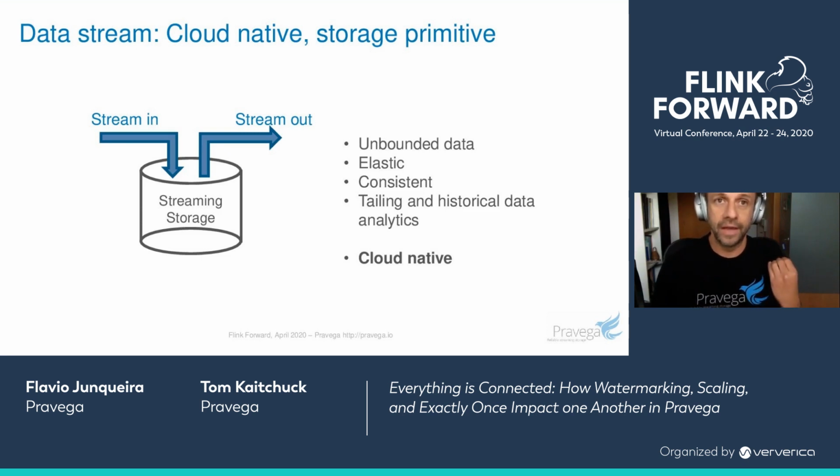So the amount of data that it's able to ingest is unbounded. It must be able to accommodate workload changes, so it must be elastic. It needs to be consistent, and it needs to be able to tail and deal with historical data out of the same abstraction without having to split a system into different storage dependencies.